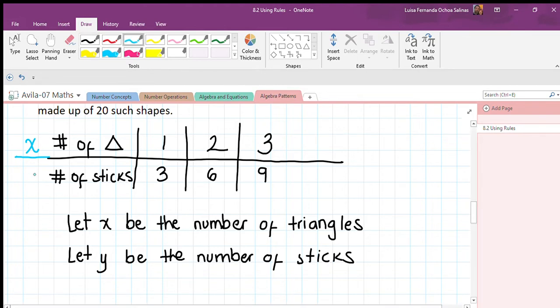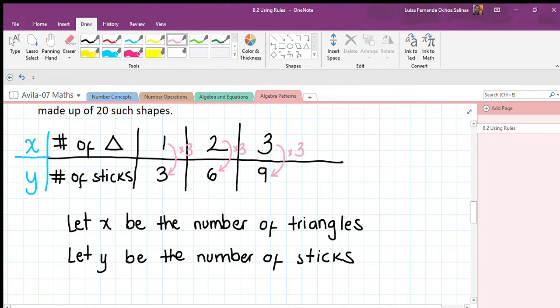So underneath here, this column in the table is going to be called y. Perfect. So what is happening when I have one triangle? What is happening here? We can see that I'm timesing by 3. Do we see that it's happening every time? I times this one by 3. Then I times this one by 3.